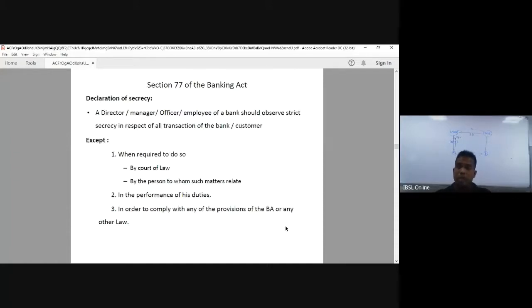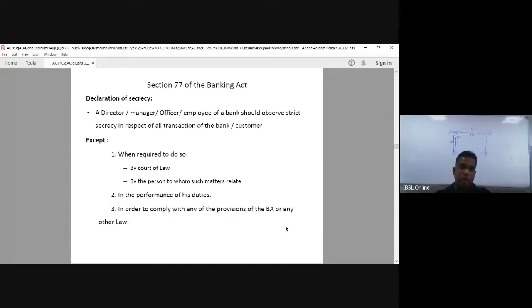So that means if a request comes from the Inland Revenue Department under the Inland Revenue Act, the bank has to abide by it. And if a direction comes from the Customs General under the Customs Ordinance, again the bank is obliged to provide that information.